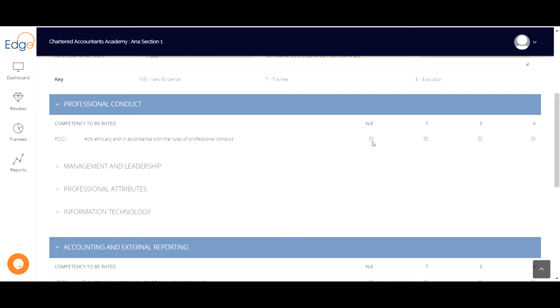Also remember, when evaluating ANAs, it is required of you as the evaluator to go through each and every competency, regardless of whether there was evidence or not.